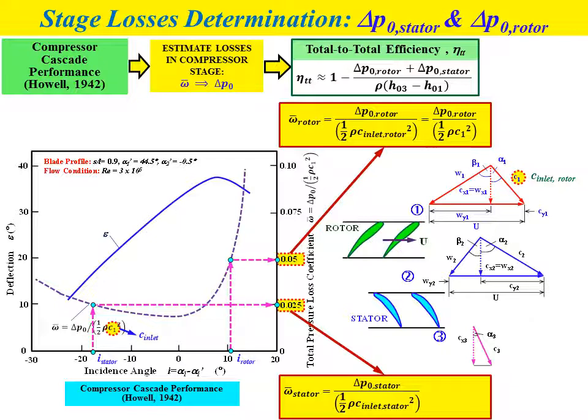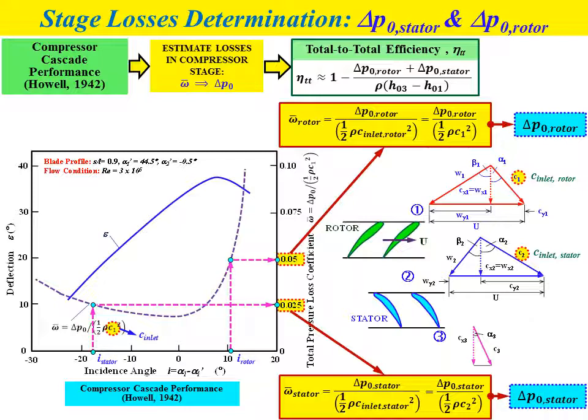That's why we have omega bar rotor equal to delta P naught rotor divided by half rho C1 squared. Rearranging this equation for omega bar rotor, we can obtain delta P naught for the rotor, the total pressure loss in the rotor. And in the second velocity diagram, C2 represents the C inlet for the stator. That's why the equation for omega bar stator equals delta P naught for the stator divided by half rho C2 squared.